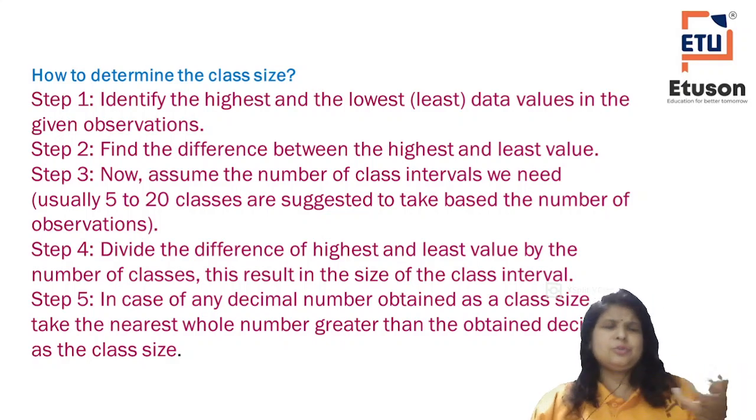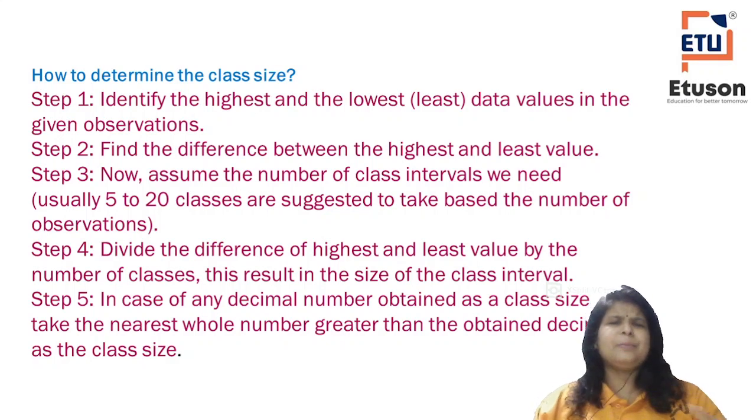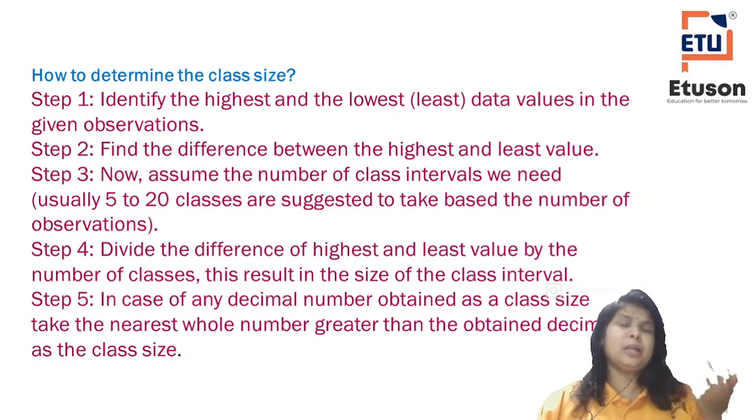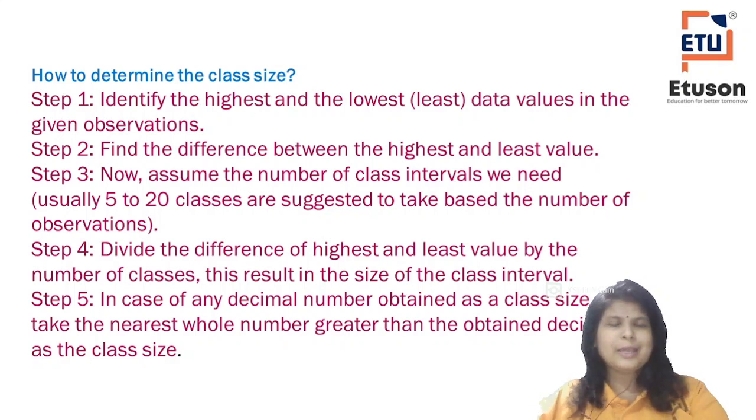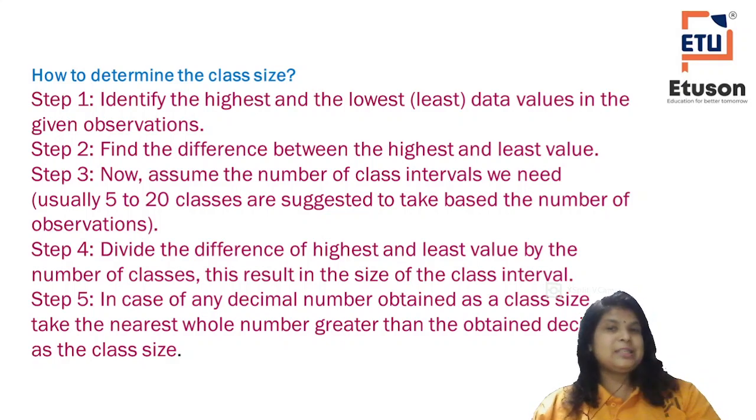Usually it varies from 5 to 20, because if you take more class intervals, it will be a little confusing and the histogram will be very big. It may not be accommodated in the graph sheets. So depending on your highest value and lowest value, the fewer groups you can present the data in, that is better. You have to choose it according to the situation and the requirement.